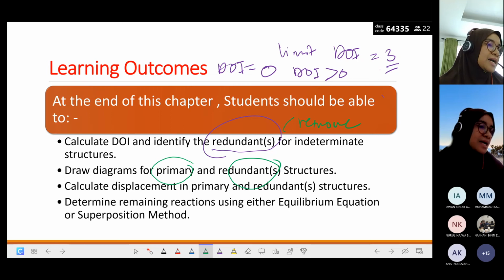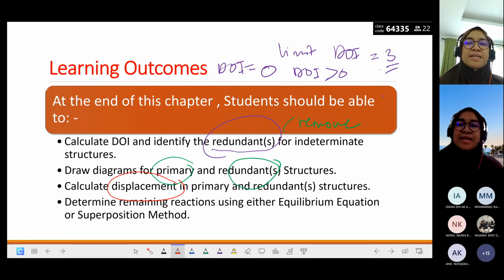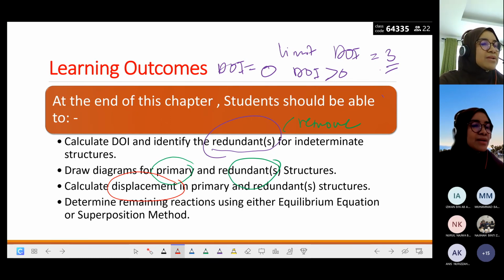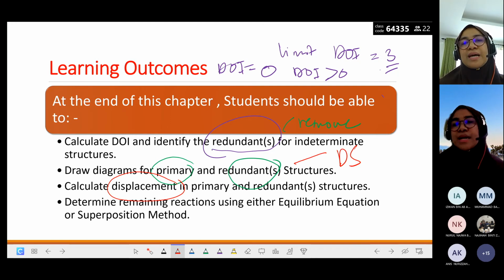Next one is calculate displacement in primary and redundant structure. The primary and redundant structure is actually a determinate structure after removing redundant from the system. Before that, of course, we have an indeterminate structure.